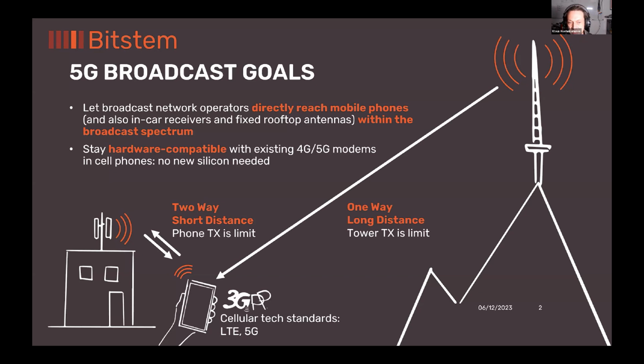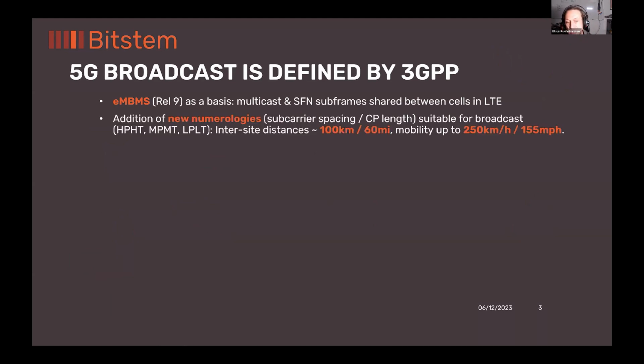And to make that work, 3GPP has defined a standard, or has included features in its standards, I should say, that make this possible. The whole thing is based on eMBMS, which was still something that targets MNOs. So it allows multicast subframes shared between cells in LTE. And based on that, new numerologies were added.